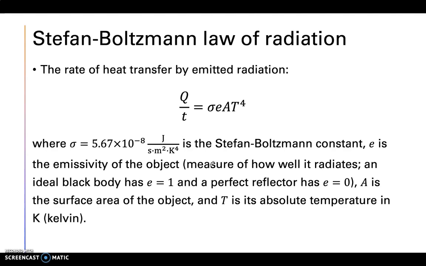An ideal black body has E equals 1, and a perfect reflector has E equals 0. That's what I was talking about with black coloring versus white coloring. An ideal black body absorbs everything, and a perfect reflector would be a lighter color like white, trying to reflect the heat.